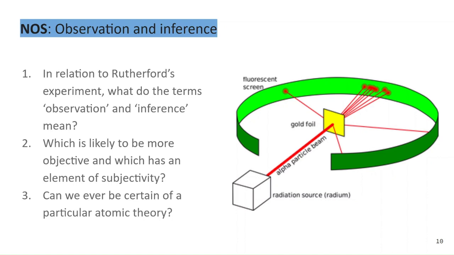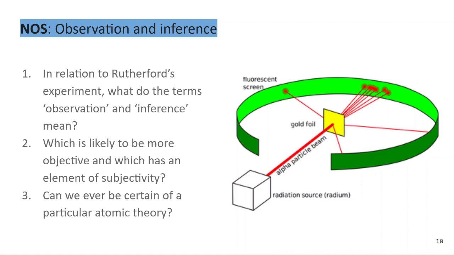Observations are more likely to be objective, right? We are taking data, we are using our senses to gather information, and that means that inferences are going to be more subjective, right?